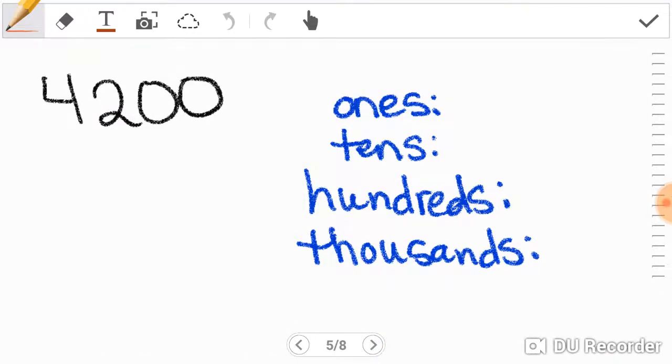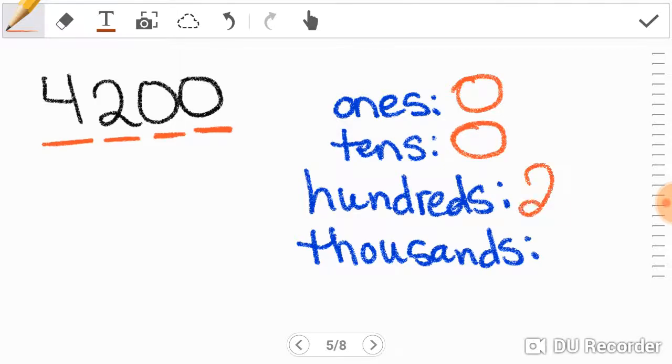Now let's try something a little bit more difficult. The thousands. Again, let's just review the places for each digit. We have 4 digits. This is the ones, tens, hundreds, and now we've introduced the thousands. In our ones position, we have a 0. That means we have 0 ones. Tens position, we have 0. We have 0 tens. In our hundreds position, we have a 2.